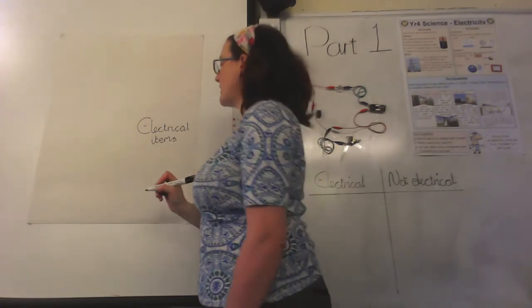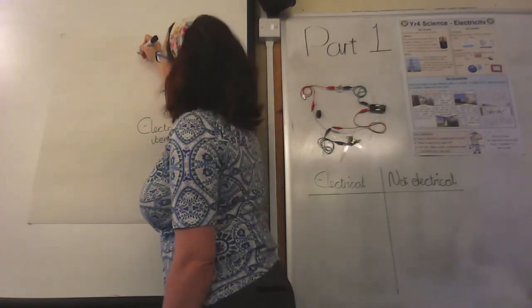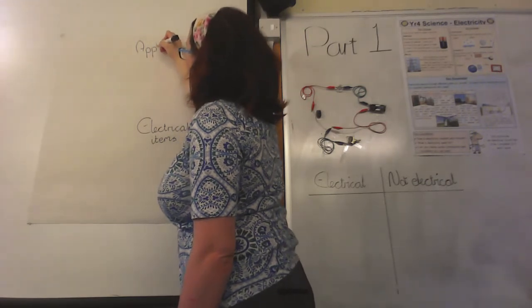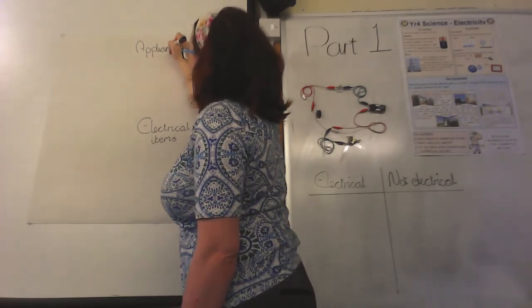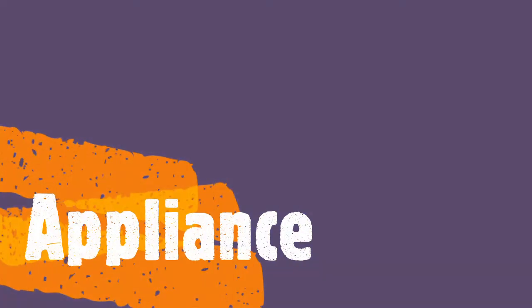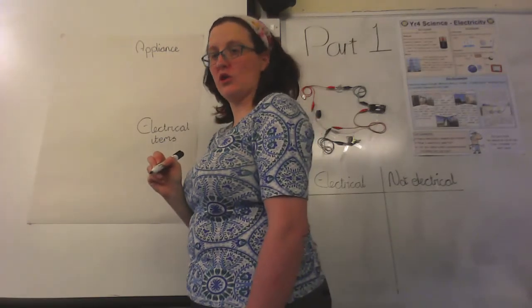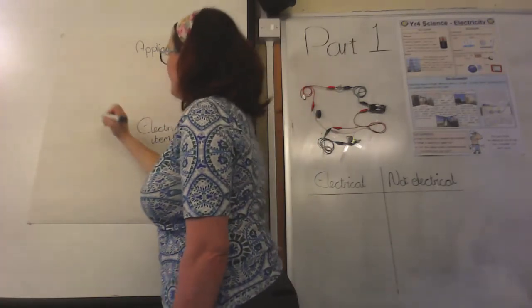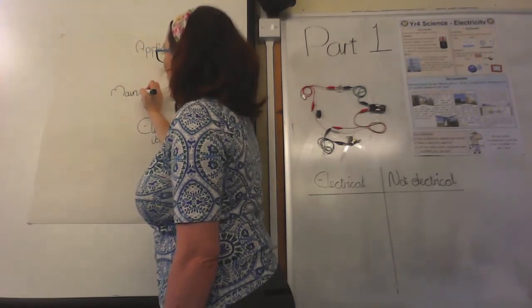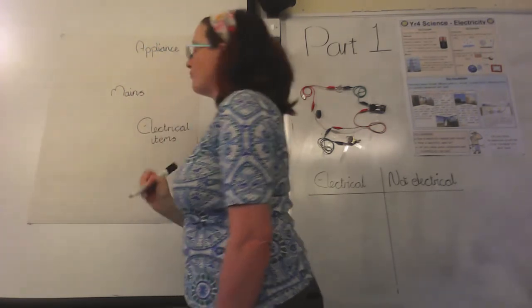We have looked at the word appliance. So we've got the word appliance there. We have looked at the word mains and what mains means, where the electricity is coming from then.